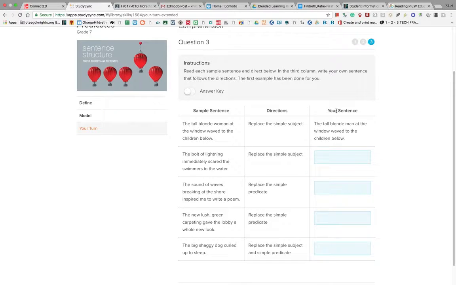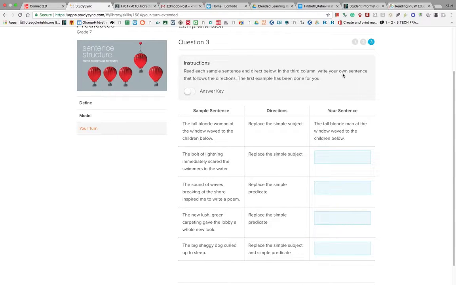Okay? And if you notice, it's kind of building. We started out and they're having you select, just identify what the subject or the predicate is. Then you have to work on replacing it. Now you're going to create a new sentence. So they're building you up level-wise. Okay, so for question 3, it says, read each sample sentence and direction below.